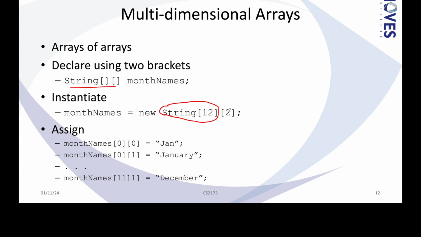Because if I want to represent data of different types, then the way to do it in an object-oriented world is to create an object containing a string, a number, so the name of the month, the number of days in the month, et cetera, a Boolean as to whether it's leap year or not, or whatever. Yes? So instead of making an array of primitives, can you make an array of objects?